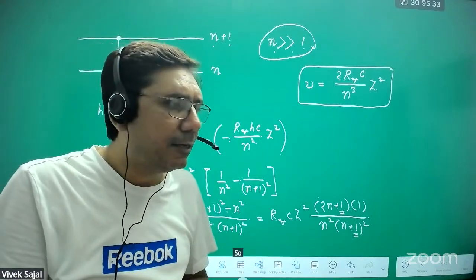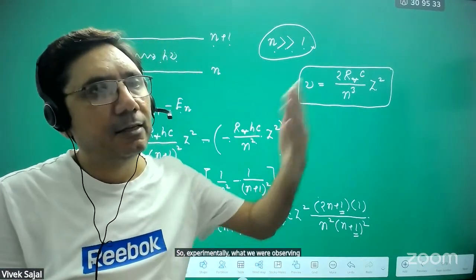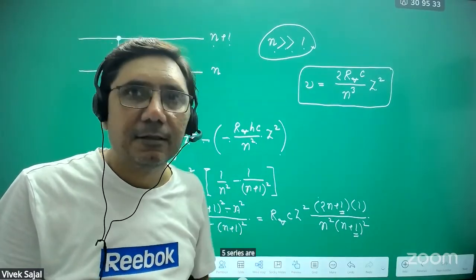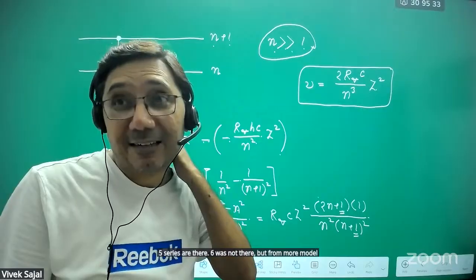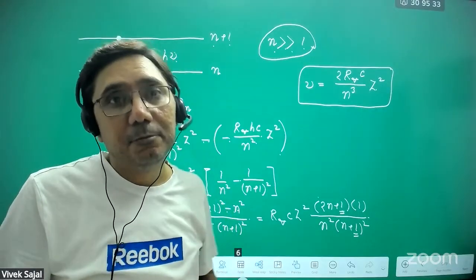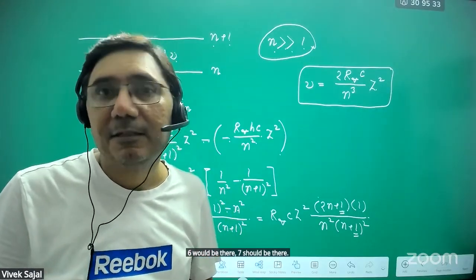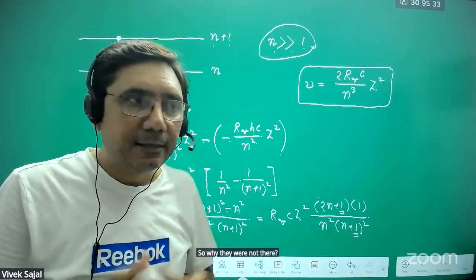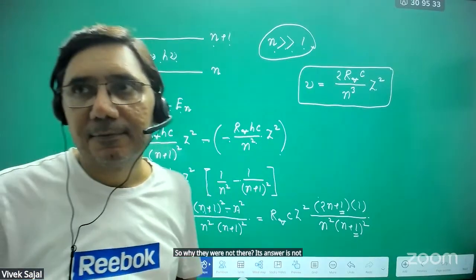So experimentally, what we observe is that only 5 series are there. 6 is not there, but from the Bohr model, it appears that 6 should be there, 7 should be there, 8 should be there, but they are not there experimentally. So why are they not there? Its answer is not in this theory.